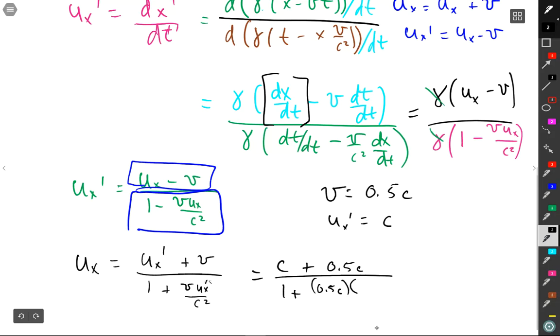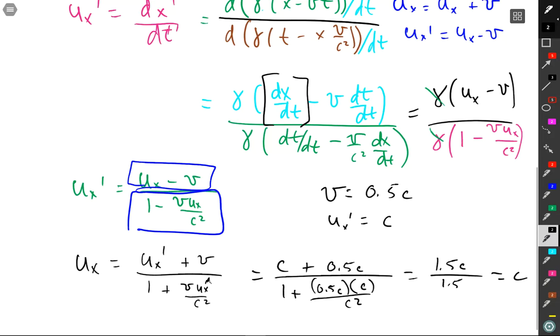Oh, that should have been ux prime there, my mistake. So on the top I have 1.5c, and on the bottom I have 1.5. The c's cancel, actually. And that's equal to c. So this equation indeed says the speed of light is still going to be the speed of light.